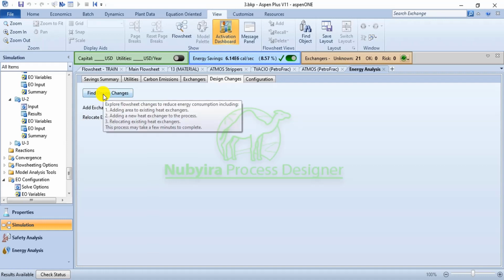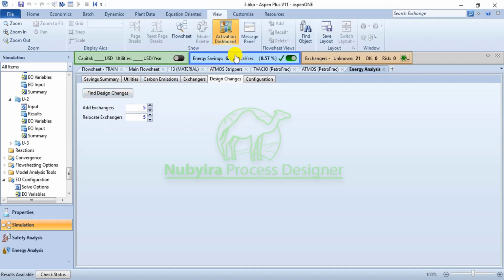You understand? So, and then I'm going to do the analysis, the test here, to see if it can find results to reduce the energy consumption and bring the process very close to the theoretical limits. So it's going to search for a solution.